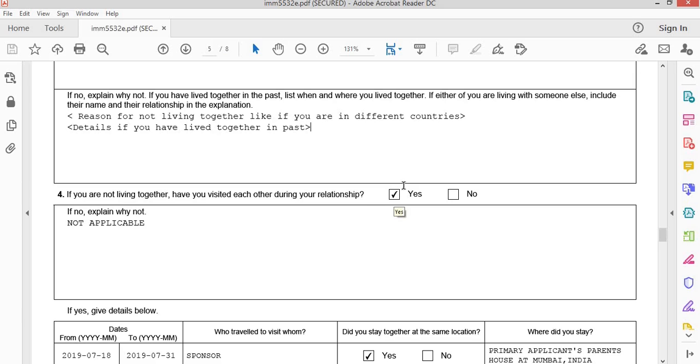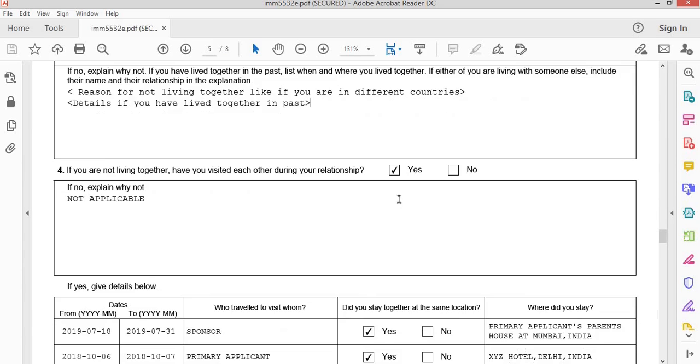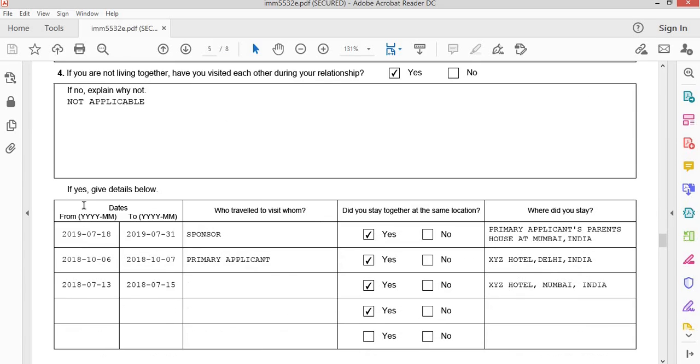If you have, then mark it as yes and provide your information as to where you met between this and this date, who traveled to visit whom, and when you were visiting each other, were you staying together in the same location, and where exactly did you stay.